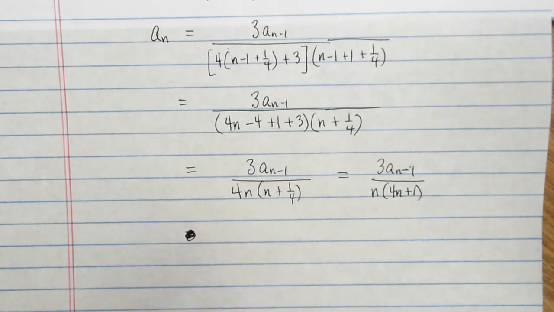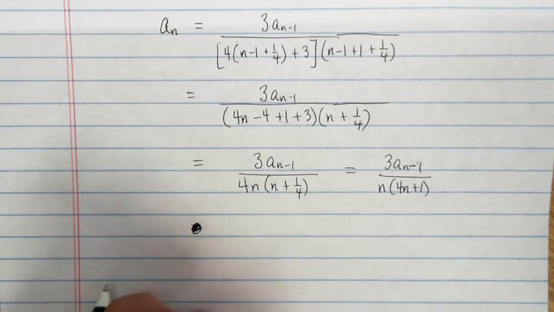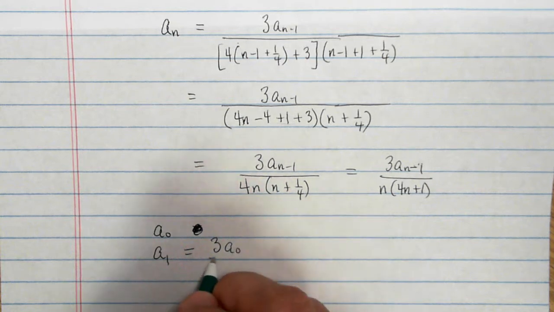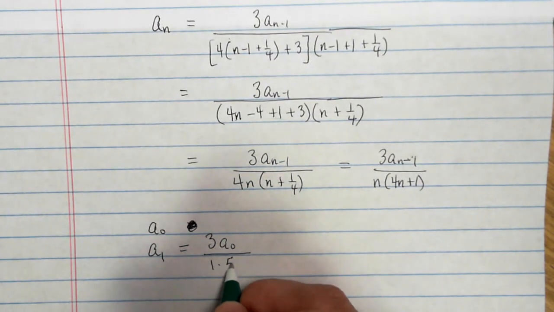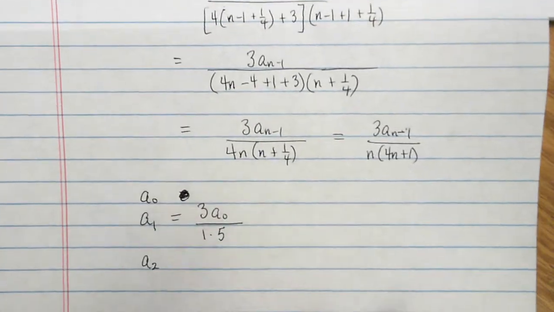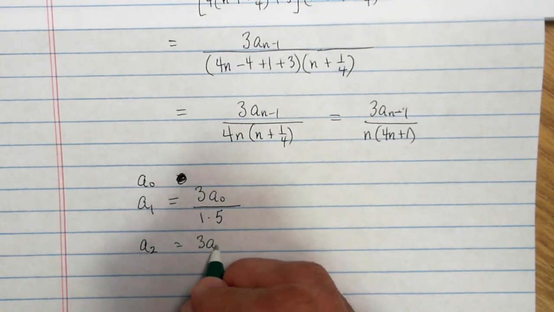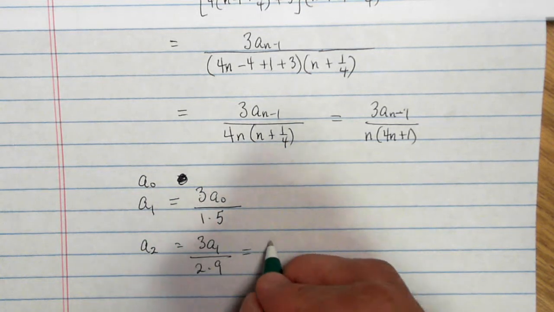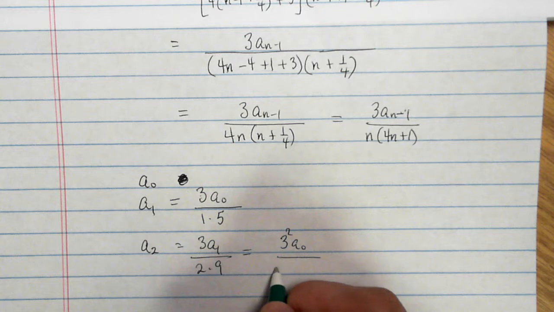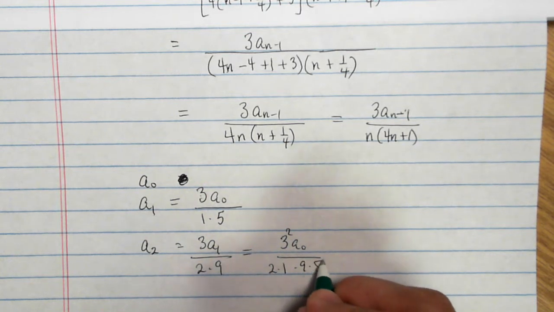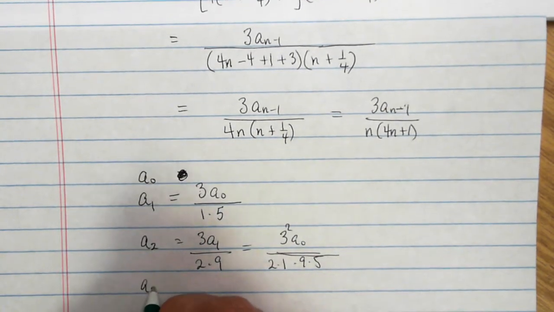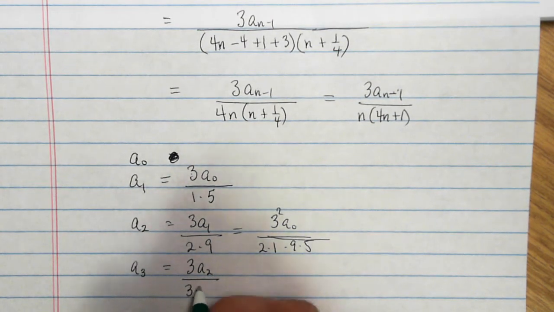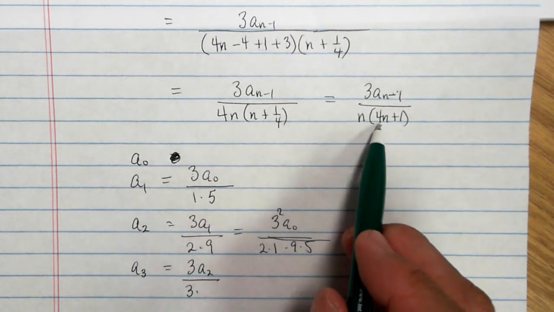Now again, this one is sufficiently simple that we can work out the closed form expression. A sub 0, a sub 1 will be equal to 3a sub 0 over 1 times 5. A sub 2 will be equal to 3a sub 1 over 2 times 9. Then plugging a sub 1 here, I get 3 squared a sub 0 over 2 times 1 times 9 times 5. A sub 3 is equal to 3a sub 2 over 3 times, plugging in n equals 3, I get 13.